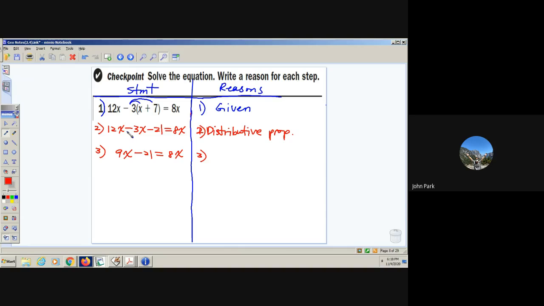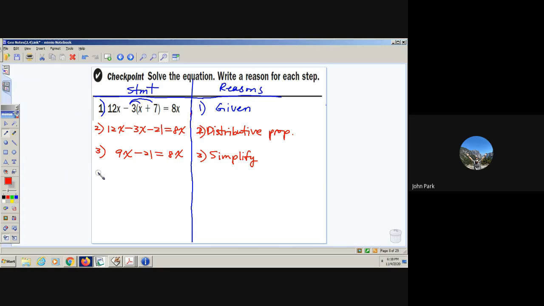Now notice this is not the subtraction property of equality because we didn't subtract 3x on both sides. We just subtracted 3x from 12x to simplify these two, right? So this is what we call simplify. So that's different than subtracting 3x on both sides of the equation. So that's not subtraction property of equality, right? Because we didn't do that on the right side. So we simplify by combining the like terms here.